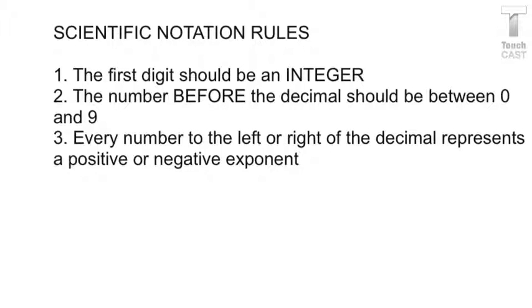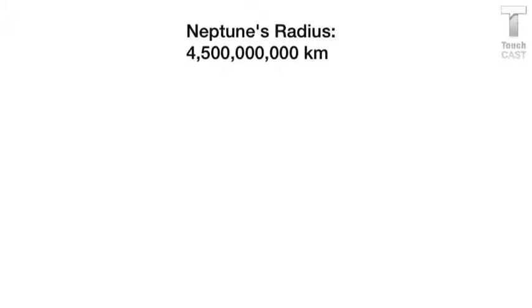Let's go back to Neptune though and look at how to convert that. The first rule said that we need to have an integer between 0 and 9. Let's just write our number down here again.